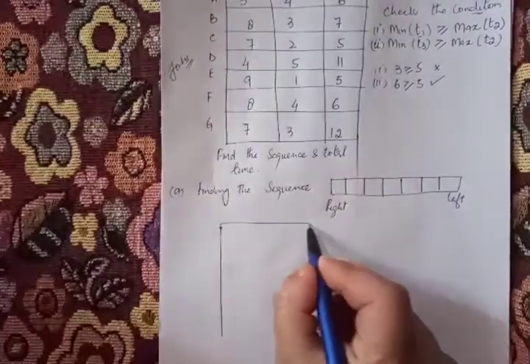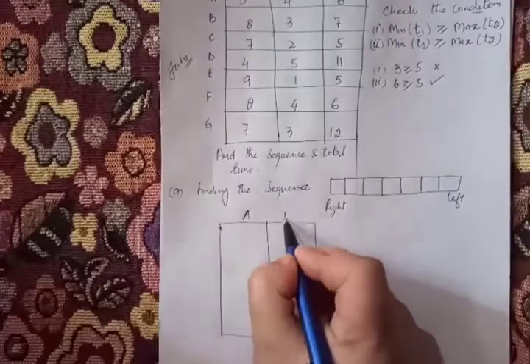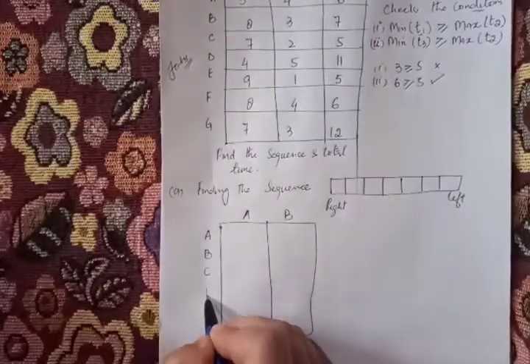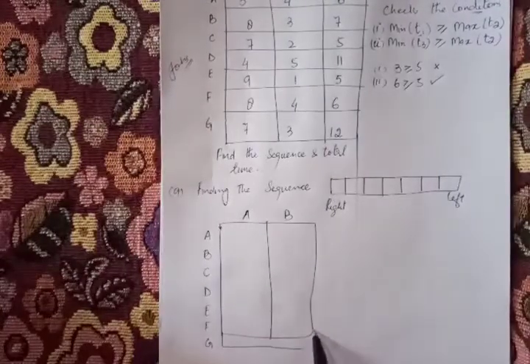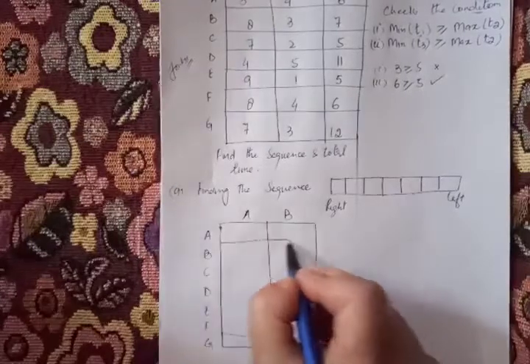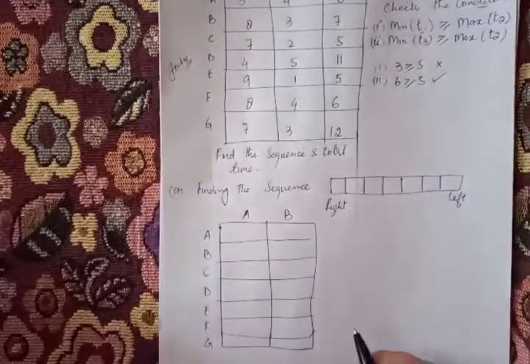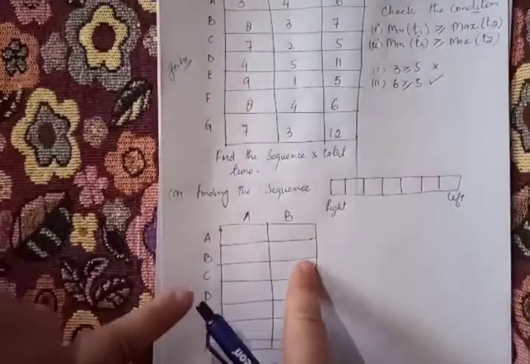Let us take 2 arbitrary machines, say machine A and machine B. And how many jobs do we have? 7 jobs: A, B, C, D, E, F, and G. All the questions have been taken from the book. If you have the book, please open that and check this out. Now we took 2 arbitrary machines.